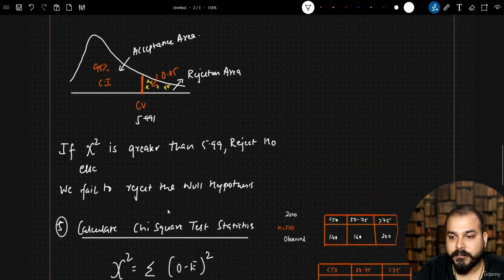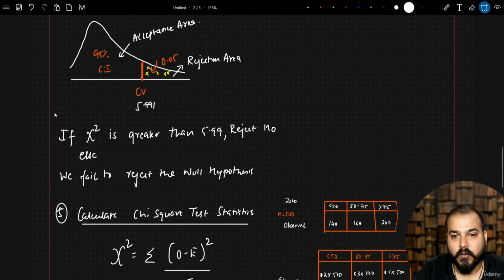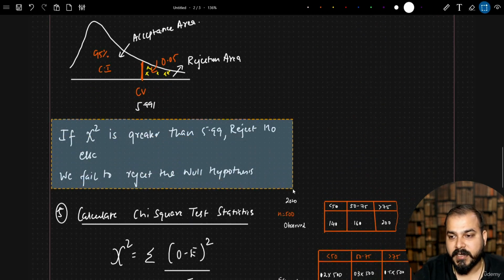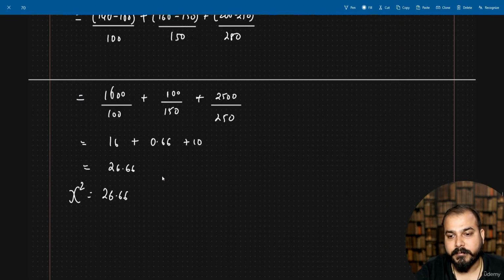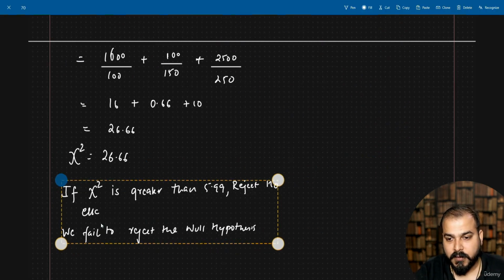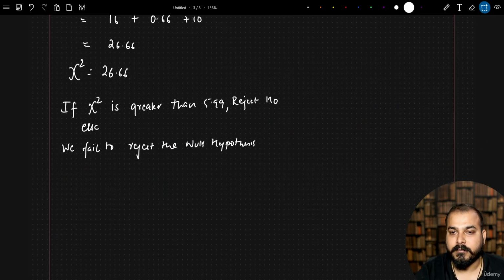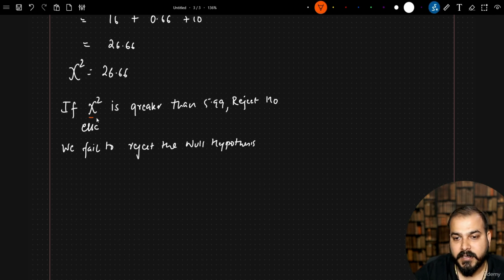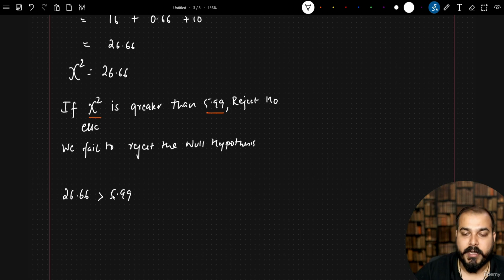Now we'll go over here and again talk about my decision rule. My decision rule said that if my chi-square is greater than 5.99, we reject the null hypothesis. So we are going to compare. Over here, 26.66 is obviously greater than 5.99.